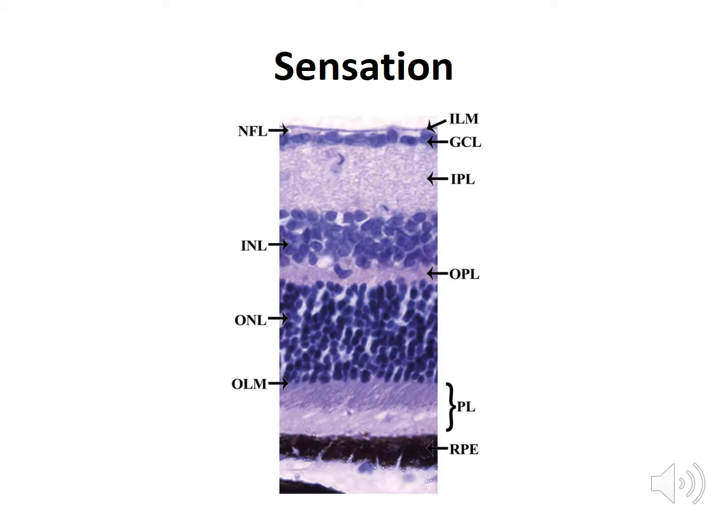And then there are the bipolar and horizontal cells that interconnect and connect to the ganglion cells. And the ganglion cells are here in the second or third highest layer.